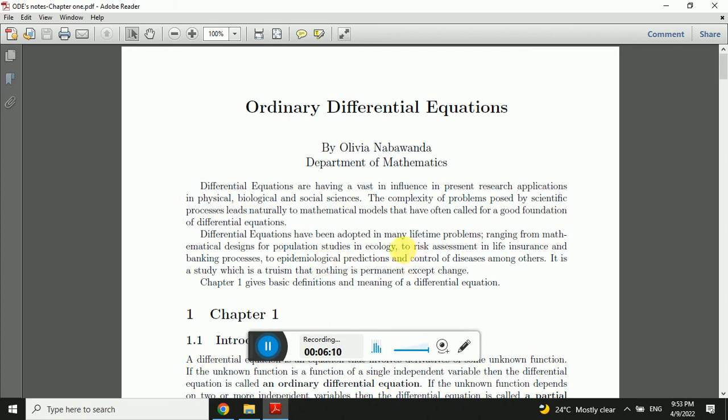Then another application is risk assessment in life insurance and banking processes.